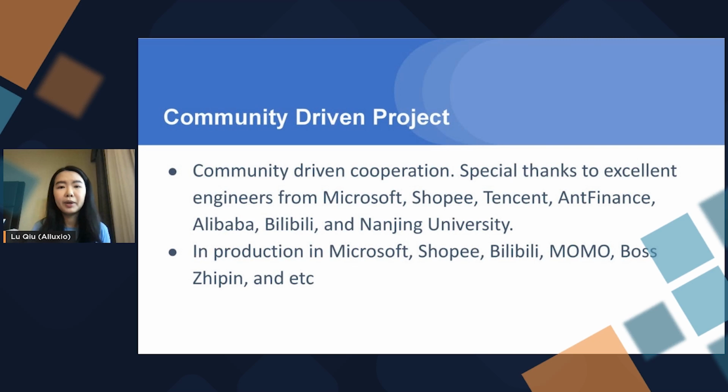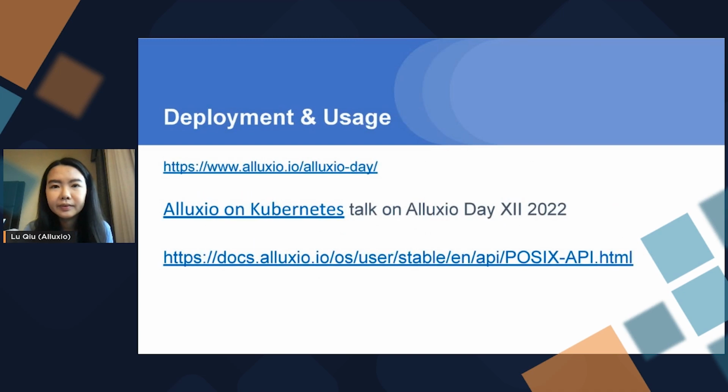And now it's in production at Microsoft, Shopee, Bilibili, Momo, and many other companies. For how to deploy and use it, feel free to check out our Alluxio Day talks available on the alluxio.io Alluxio Day webpage.